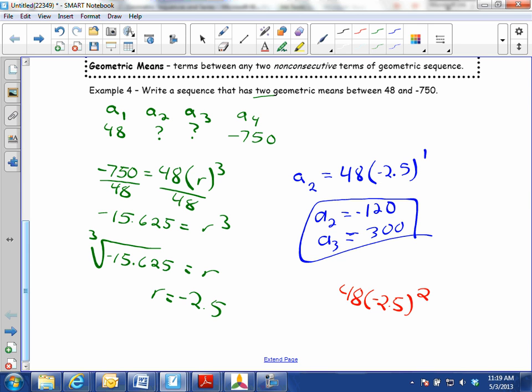Since I'm taking it times a negative number, every other one is going to be positive, every other one is going to be negative, because a negative times a negative is positive, times another negative would be negative, times another negative would be positive. It's just going to alternate. Does that make sense?